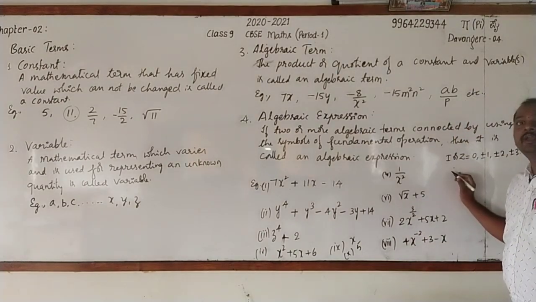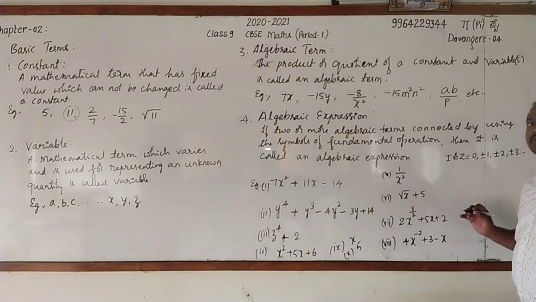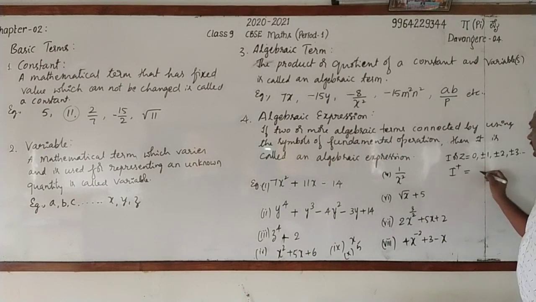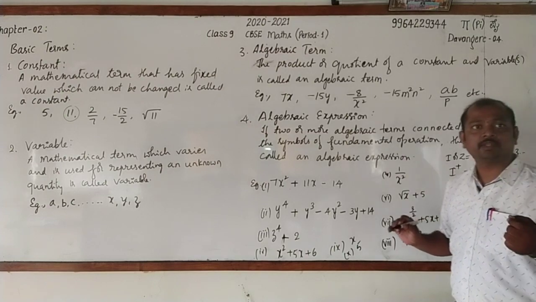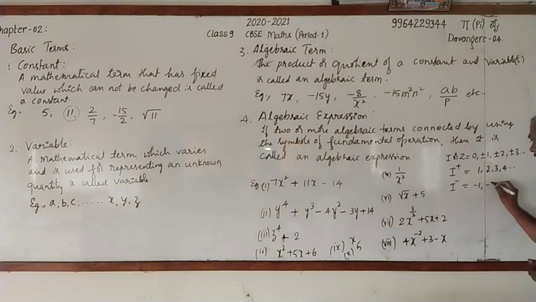If I ask you to tell about only the positive integers, how do you write them? Positive integers can be written as I plus, it is 1, 2, 3, 4 and so on. Negative integers are represented with I minus, and can be written as minus 1, minus 2, minus 3 and so on.